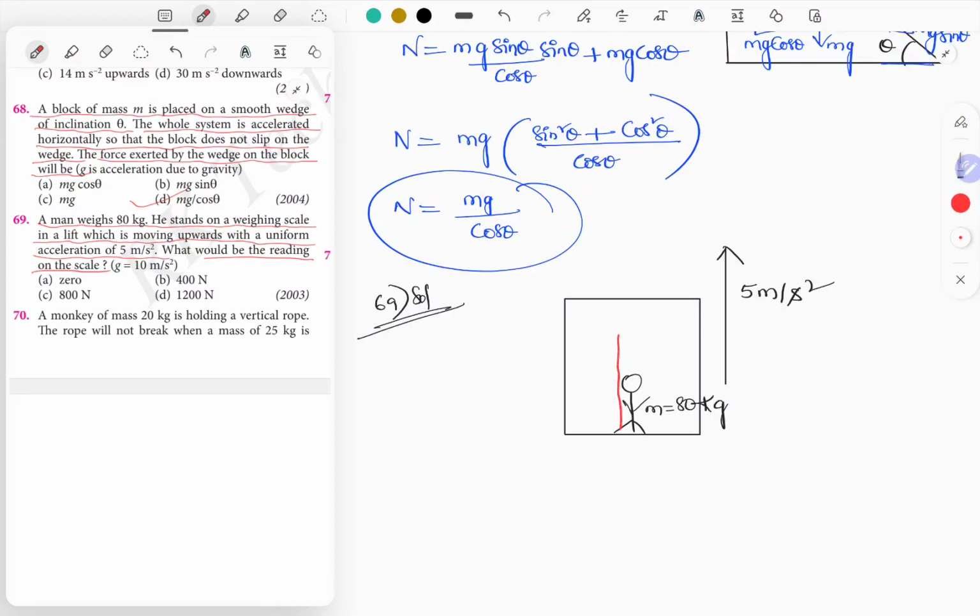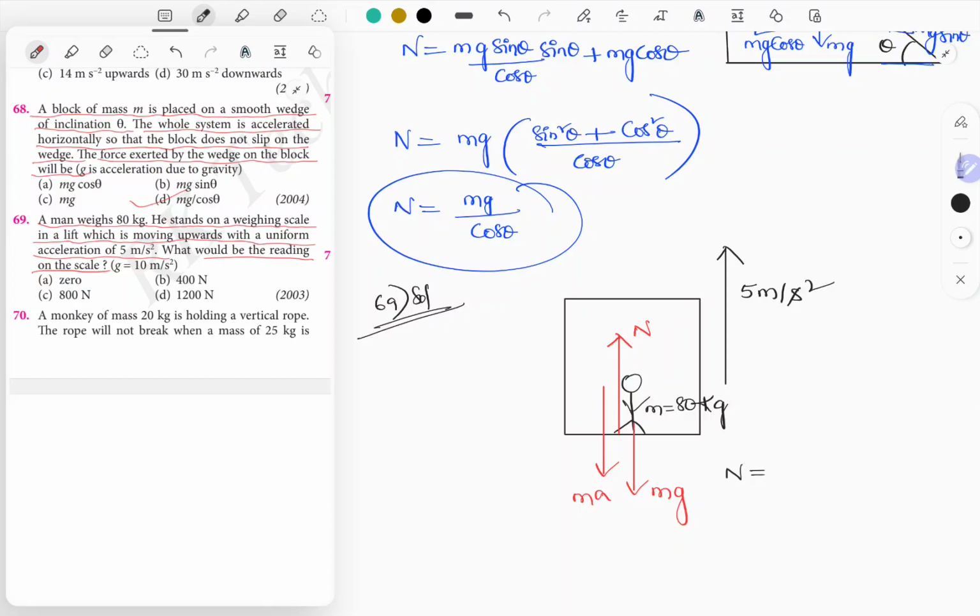Normal reaction is balancing weight. So let's say this is N. Weight acting on this person is downward, which is going to be m into g. As this lift is accelerating upward, there will be a pseudo force acting in the opposite direction, ma. Now normal reaction is the thing which we have to find out. That is going to be the reading on the scale.